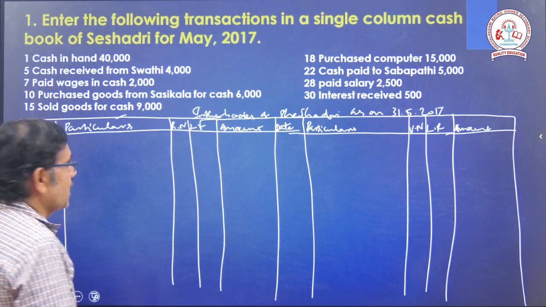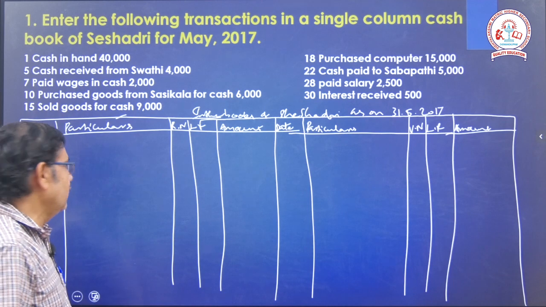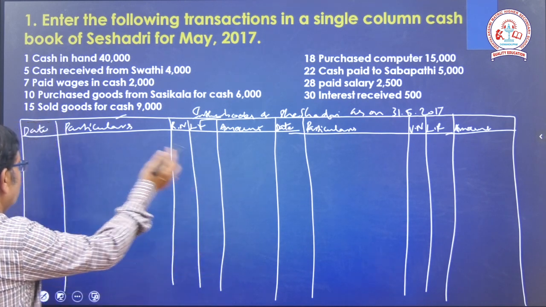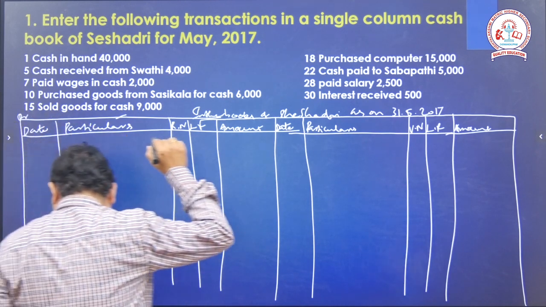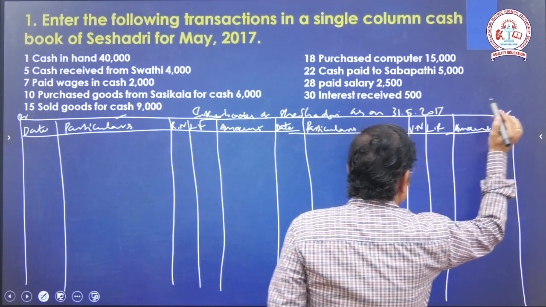The first one, cash in hand. Cash in hand means the opening balance will always appear on your receipt side.